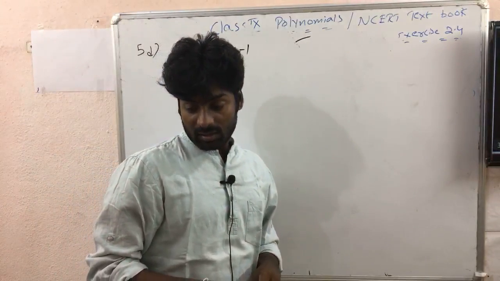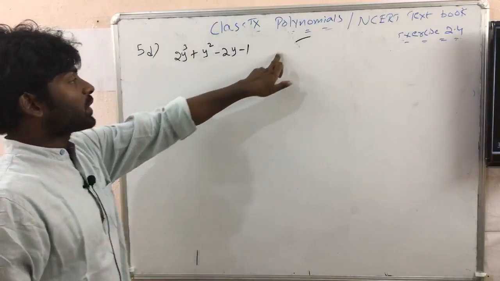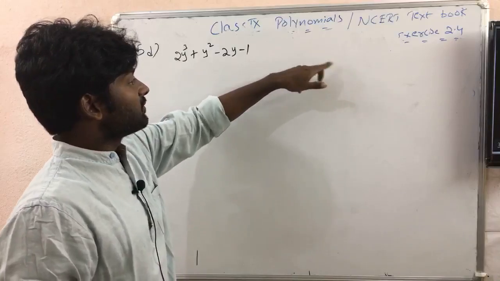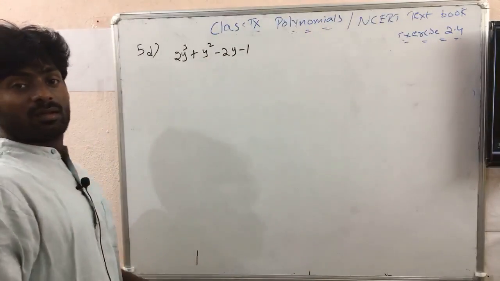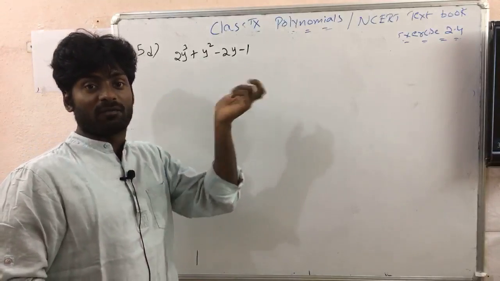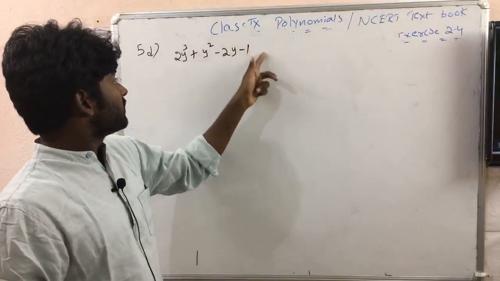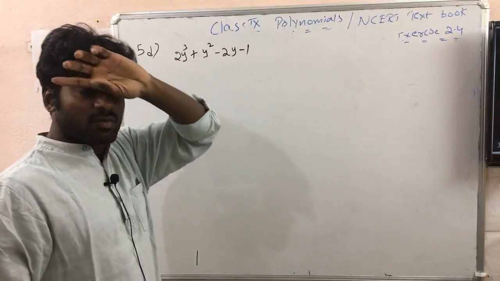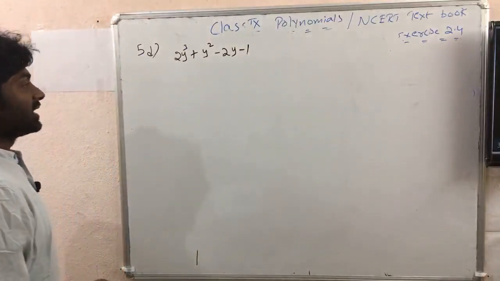So first of all, use the trial and error method and get the first zero. Check with plus 1 and minus 1. P of 1 is 0 or P of minus 1 is 0. Substitute the value in the given polynomial, take y as 1 or minus 1, start with 1 and get the answer for me.